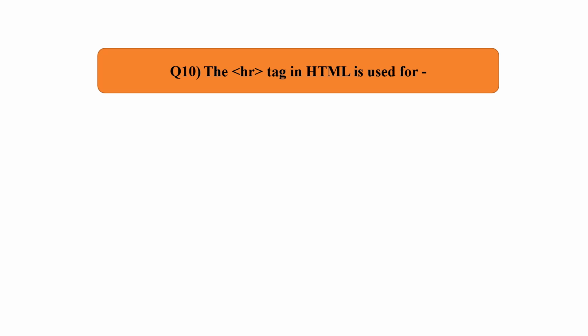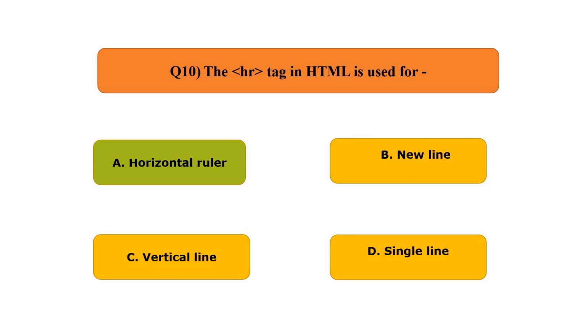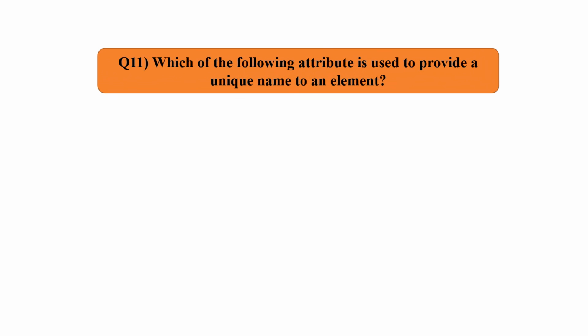The HR tag in HTML is used for? Answer A. Horizontal ruler. Which of the following attribute is used to provide a unique name to an element?